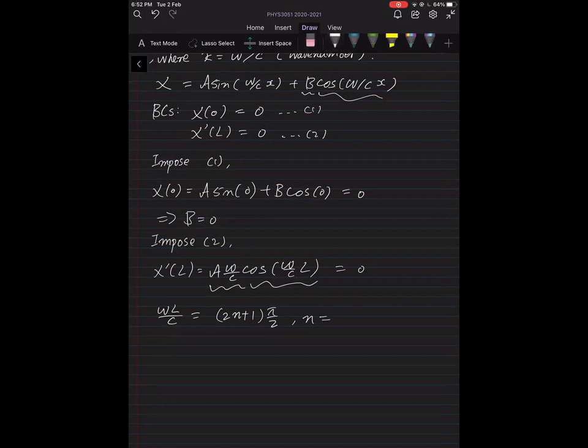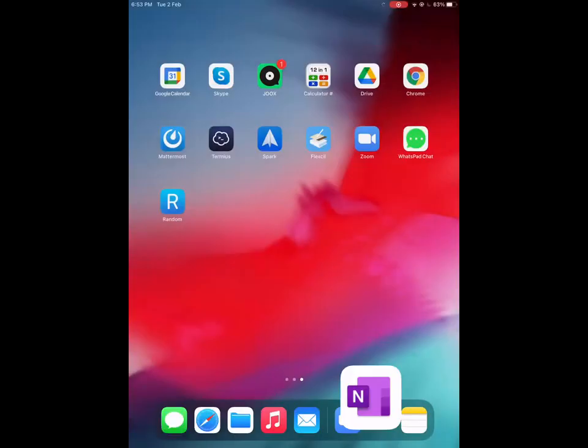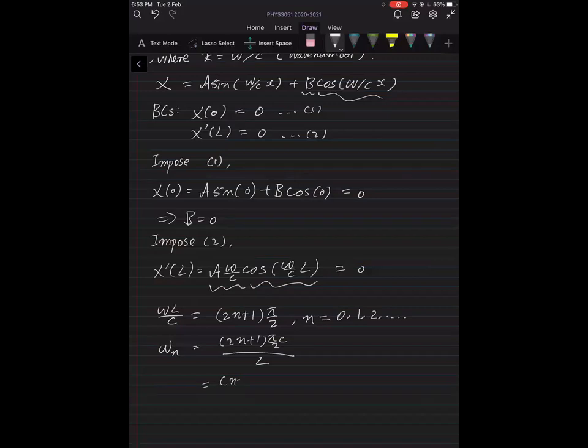Zero, 1, 2, blah blah blah. Yeah. So we have the eigenvalue to be 2n plus 1 over 2 times pi c over L. Oh, actually, I prefer to write n plus 1 half, pi c over L.